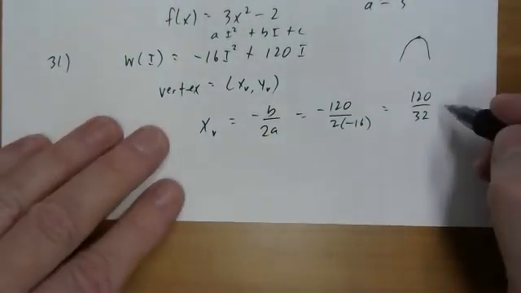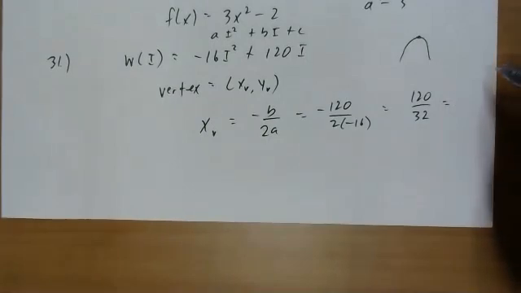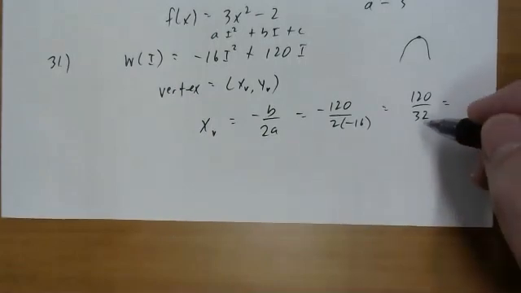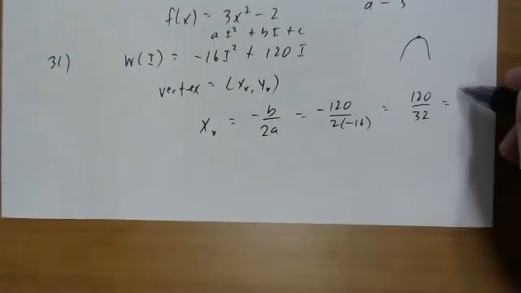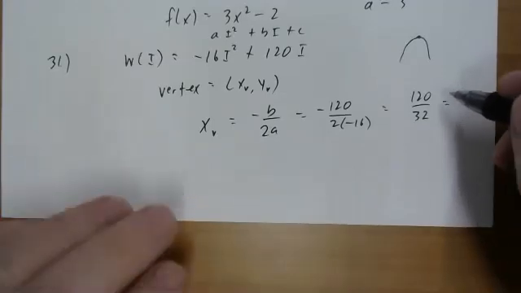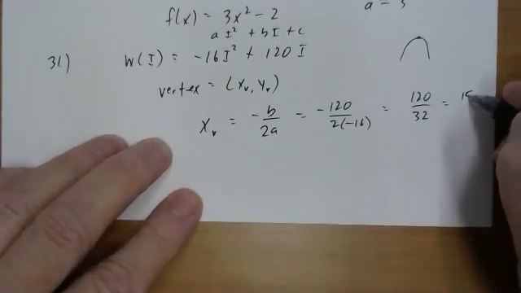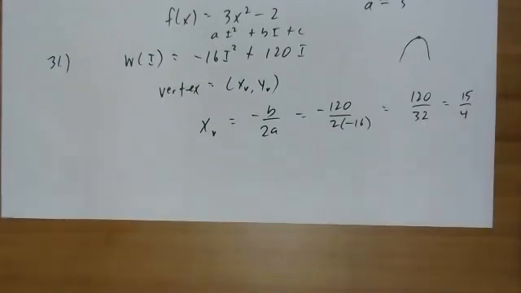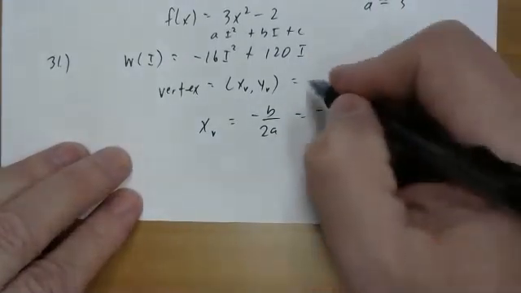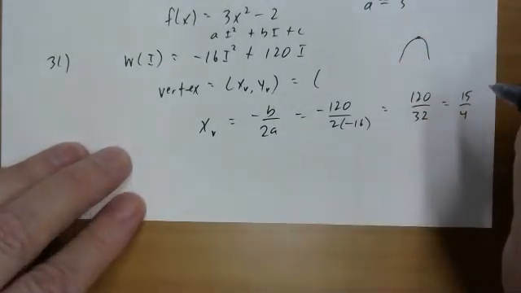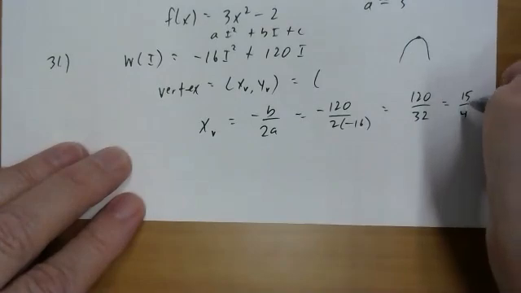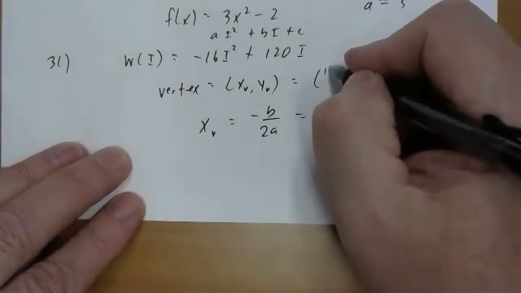over 32. I divide that, that would probably reduce this down to, if I divide it by 8, 15 over 4. 15 over 4 or 3.75, whichever you want.